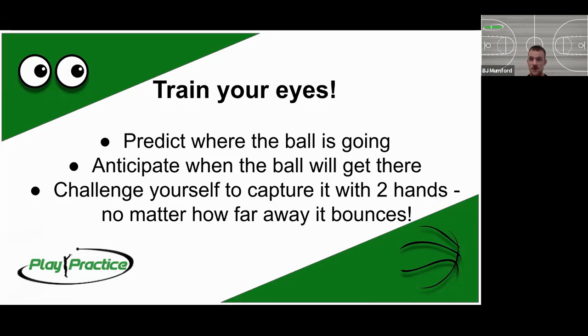And sometimes the ball bounces differently than expected. It's kind of a 70-30 rule roughly of ball bouncing opposite the shooter versus bouncing back toward the shooter. So 70% of the time, it's going to go most likely where you expect it to go. And if you can get good at that, you might come up with 7 out of 10 rebounds because you're the first one there knowing where it was going to go.